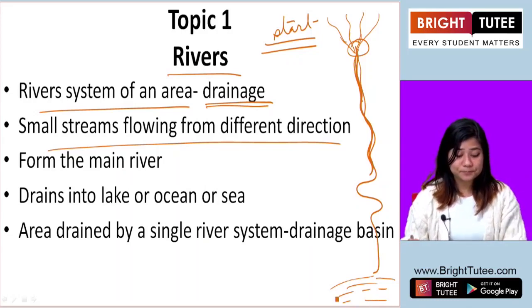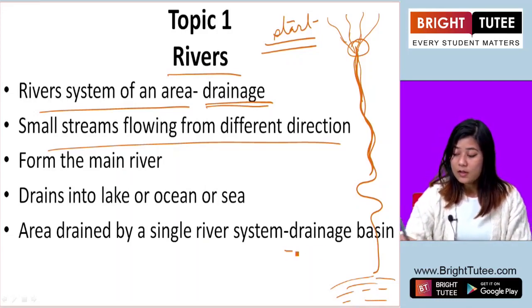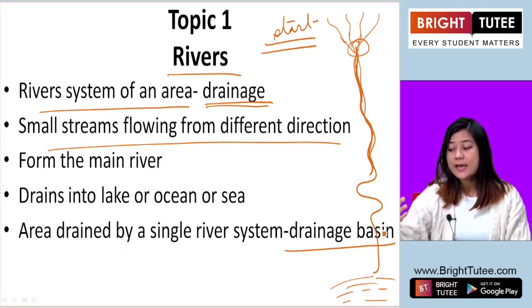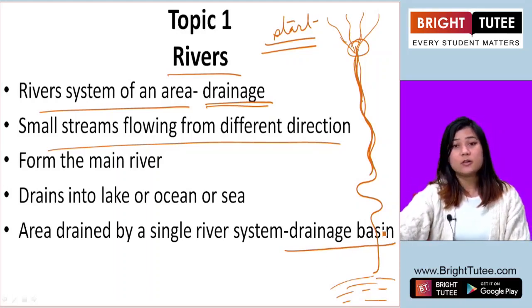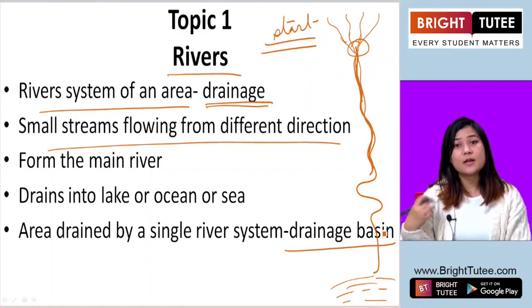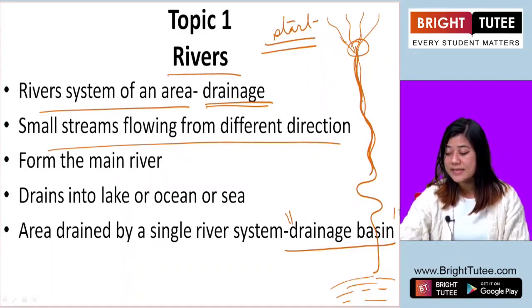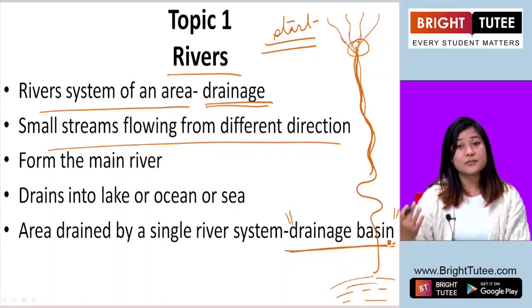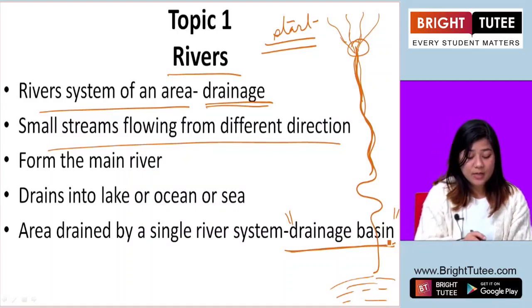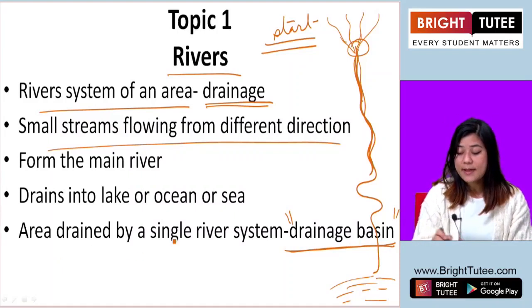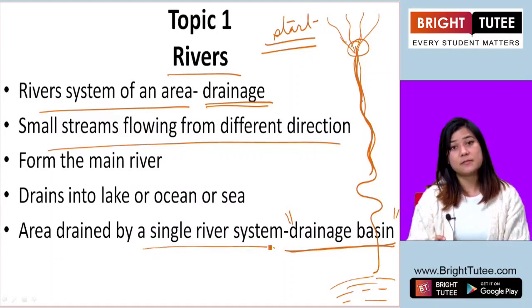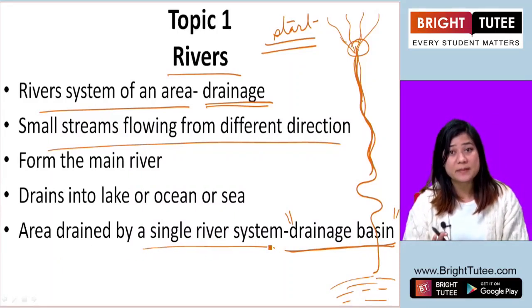Now, as we learn about the flow of the river, another term that we come across is the drainage basin. What is a drainage basin? The area drained by a single river system is called a drainage basin.